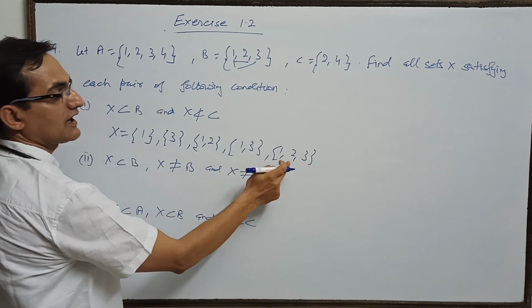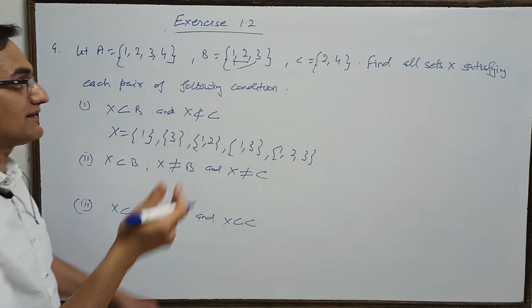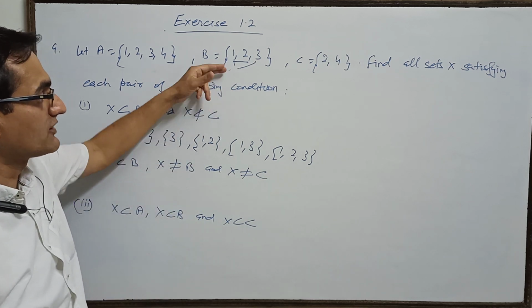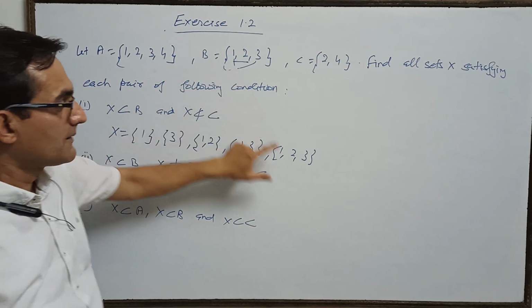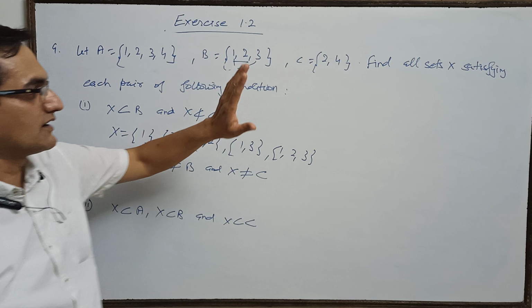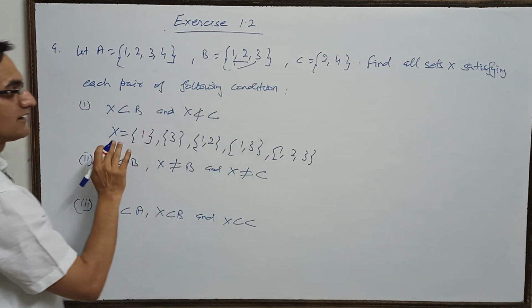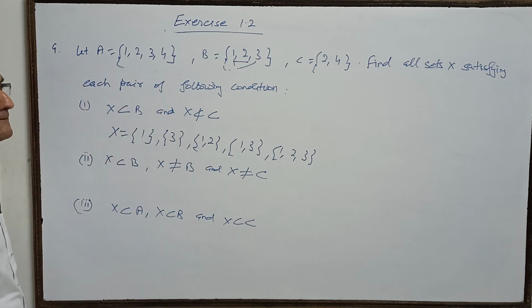Every set is a subset of itself. So if X is this one, then this is a subset of B, but not a subset of C. All these subsets can be equal to X, which satisfy this condition.